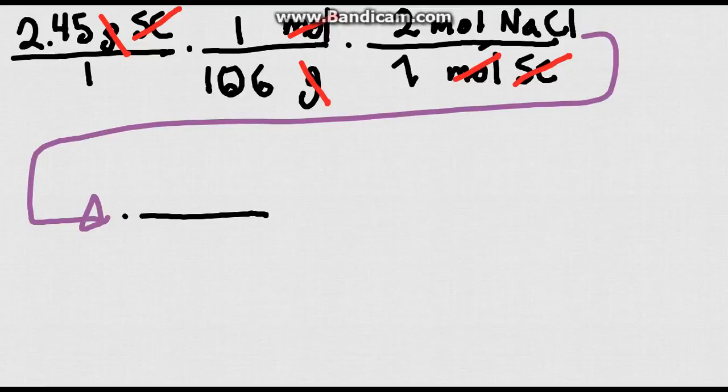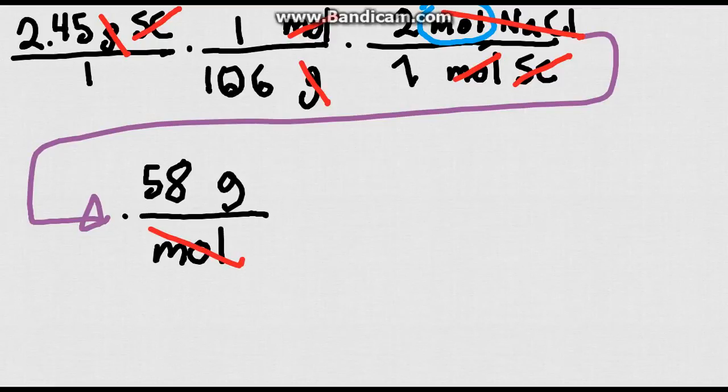So since we have moles up here on the top, we're going to want moles on the bottom. So moles goes down here, and grams goes up here, 58. And then the moles of sodium chloride cancel out with the moles of sodium chloride down here.